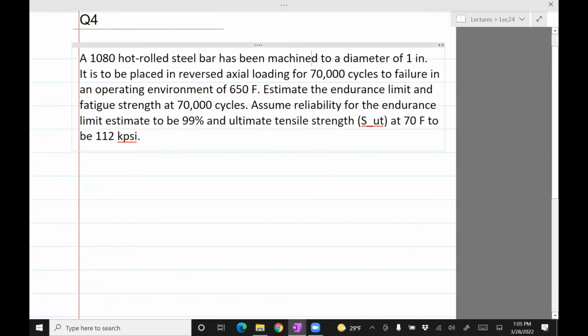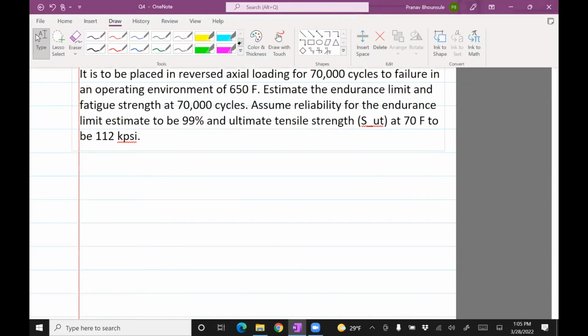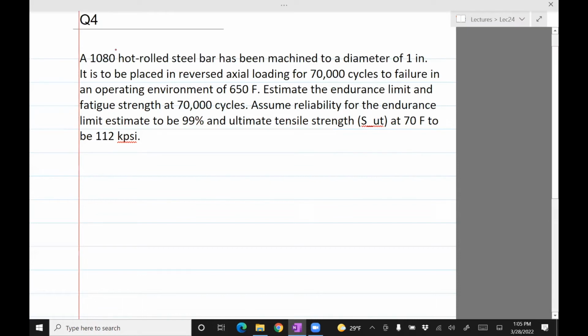This one, okay, let's read it. A 1080 hot rolled steel bar has been machined to a diameter of 1 inch. It is to be placed in reversed axial loading of 70,000 cycles to failure in an operating environment of 650 Fahrenheit.